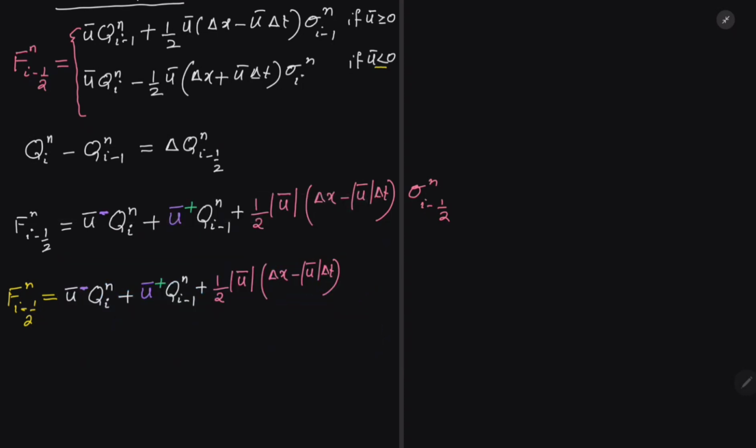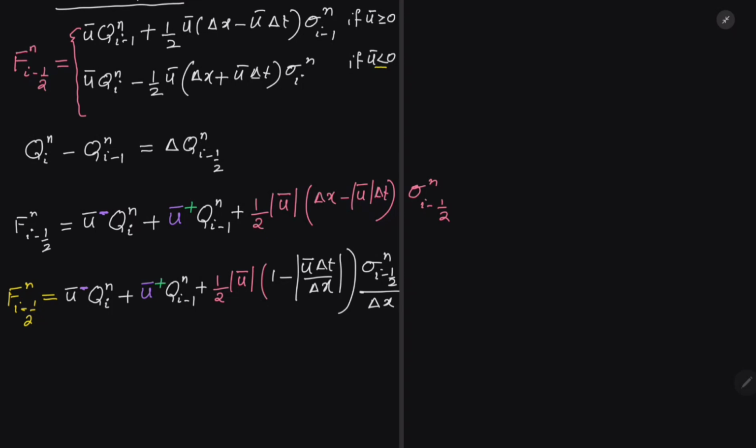This is the same term. The only thing I need is to take a common delta x from here. When I take it common, we have 1 minus u bar delta t by delta x mod, and this sigma n I minus 1/2 divided by delta x.